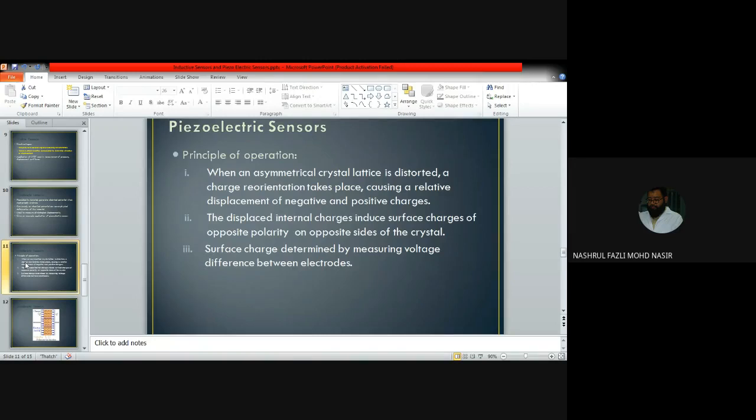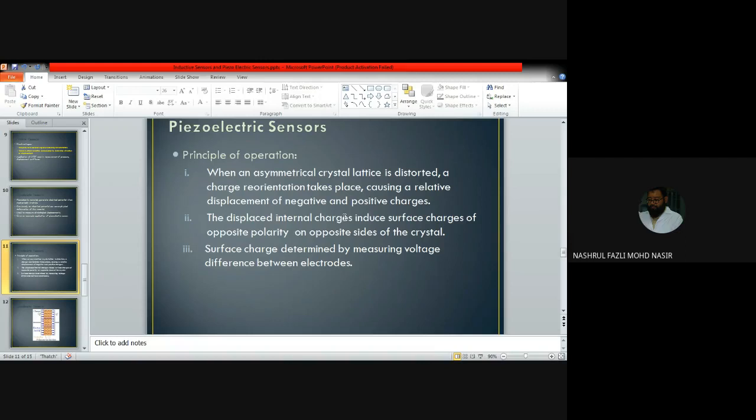So how does it work? The principle of operation: when an asymmetrical crystal lattice, so now you go to the lattice of the crystal material, is distorted, a charge reorientation takes place, causing a relative displacement of negative and positive charges.